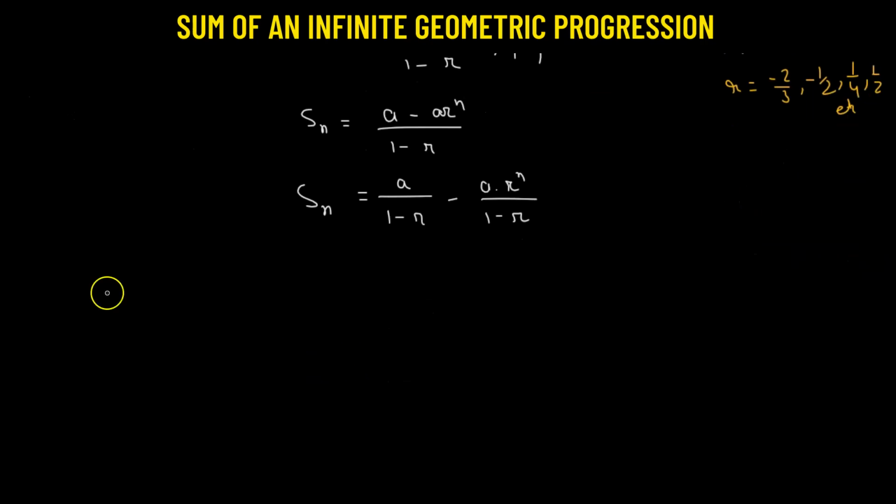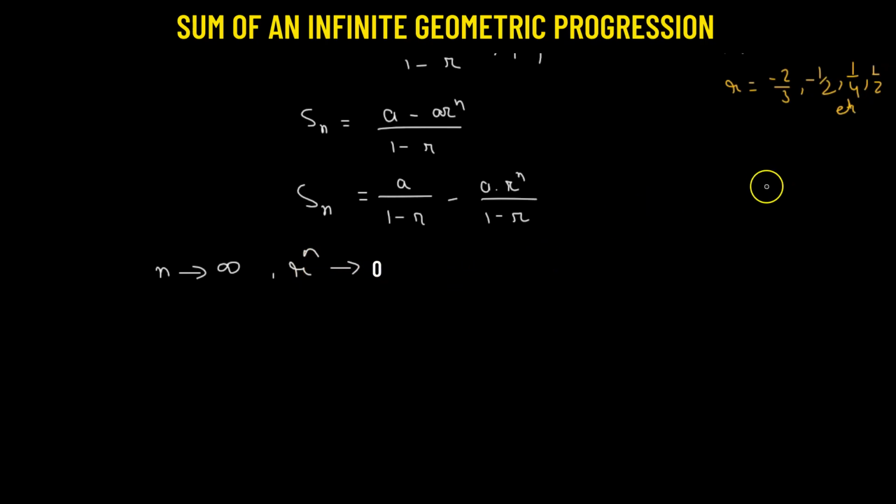Now let's say n tends to infinity. That means we are considering a very huge value for the total number of terms, extending up to infinity. Then, since the absolute value of r is less than 1, raising it to the power of n must go to 0.